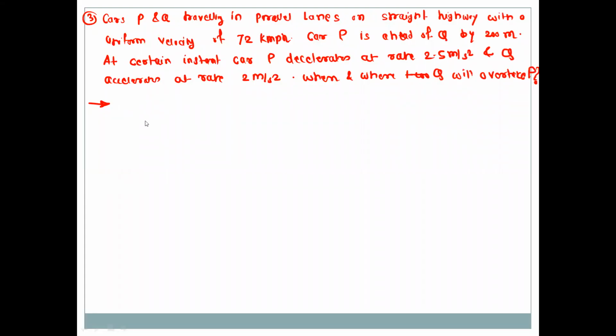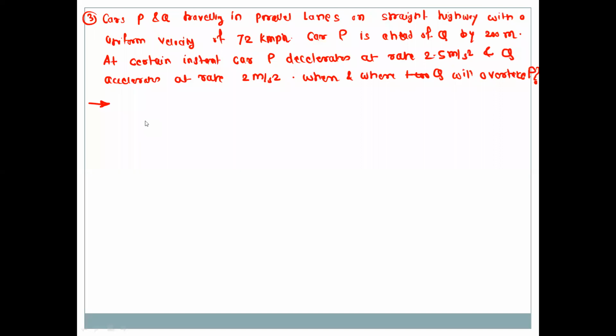So in this problem, cars P and Q are traveling on parallel lanes on a straight highway with a uniform velocity of 72 kmph. Okay, so this is the initial condition for both the cars. Car P is ahead of car Q by 200 meter.